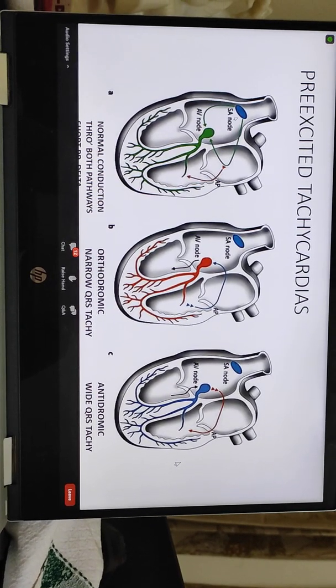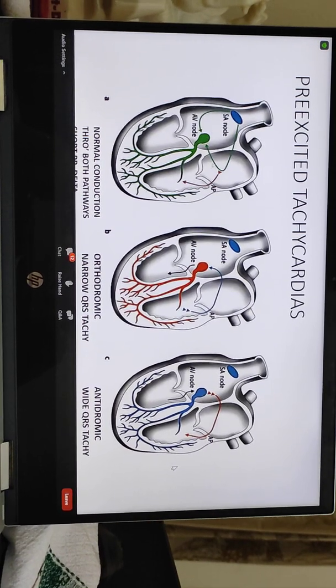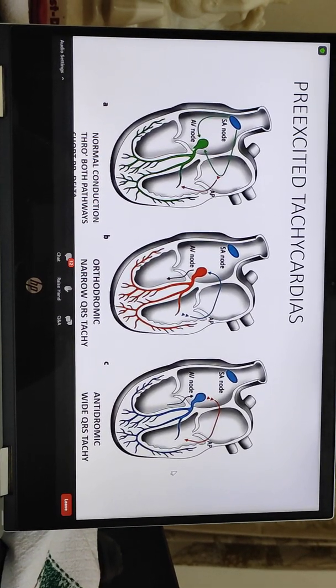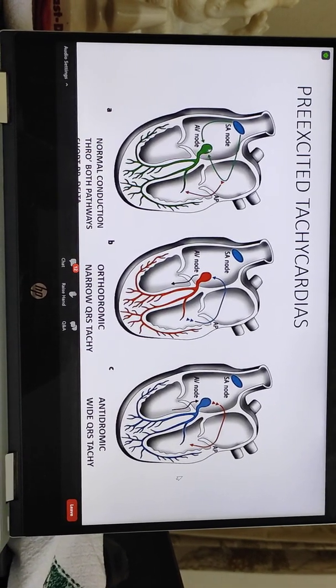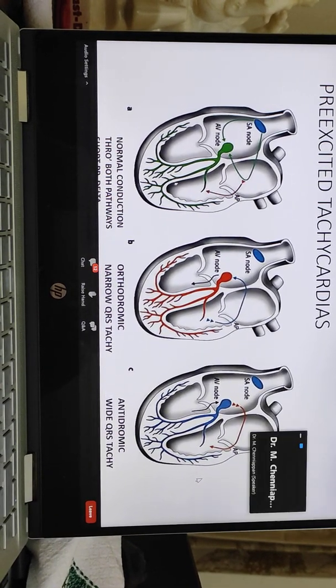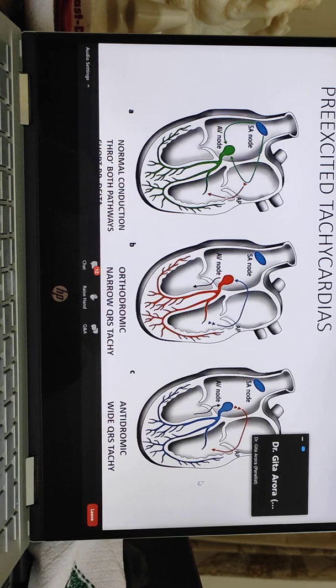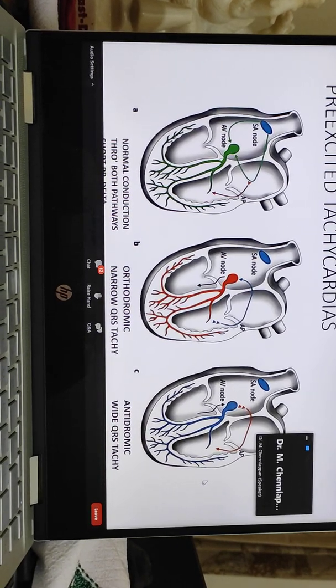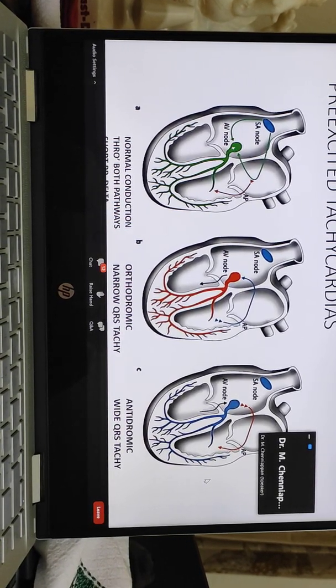So in normal sinus rhythm, both pathways conduct the impulse to the ventricles. The accessory pathway is a little early and the conduction system is a little late because of the AV node conduction.